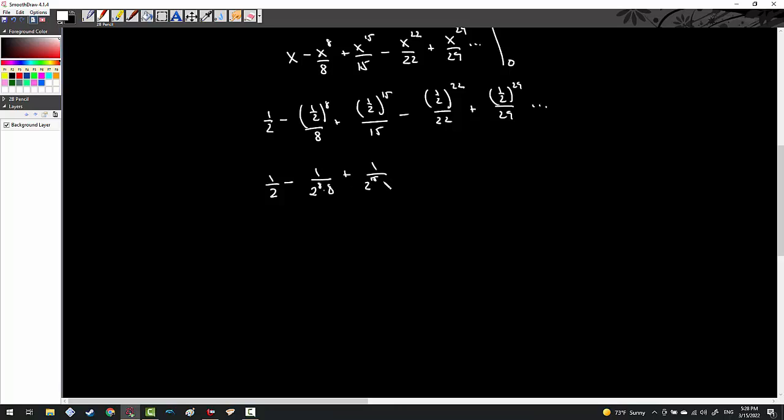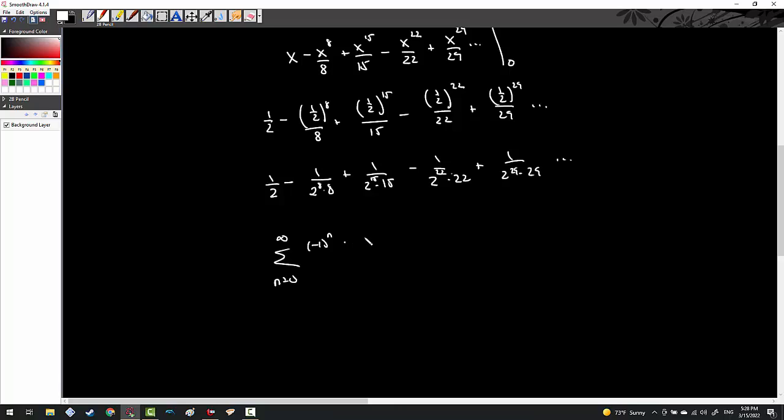This will allow me to establish the pattern a little bit better, and there's a reason I want to find a general term for this series. So the general term would be the sum from n equals 0 to infinity, and it looks like it's alternating, so -1 to the n.